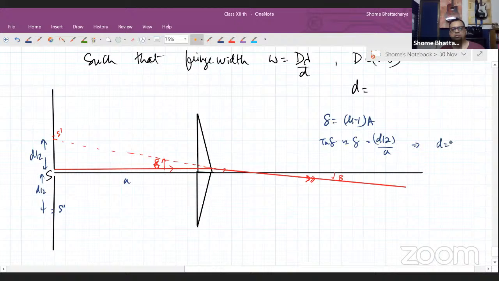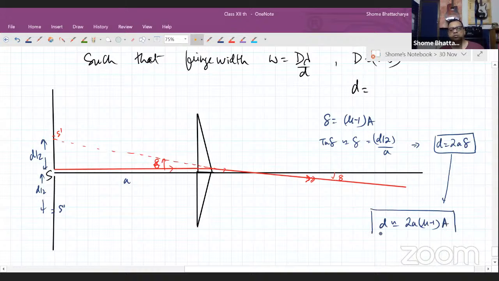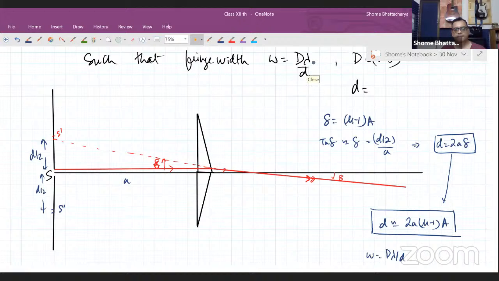So d becomes 2a delta, or d becomes nearly 2a into mu minus 1 into the angle of the prism. So from that we get the fringe width formula. Yes, Somidi, that's correct. Very good.